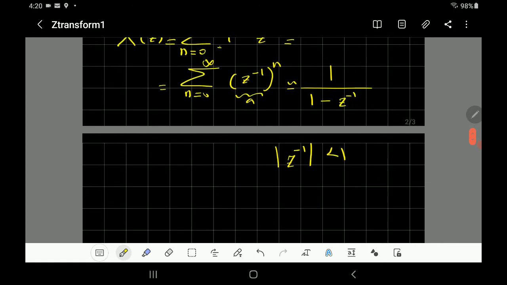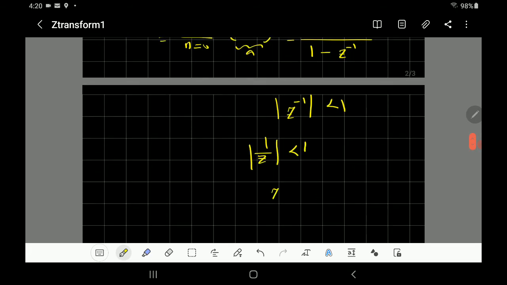Okay? So it means 1 over z is less than 1. So if you flip it, you'll find z greater than 1. So this is valid when the magnitude of z is greater than 1. We call this ROC.